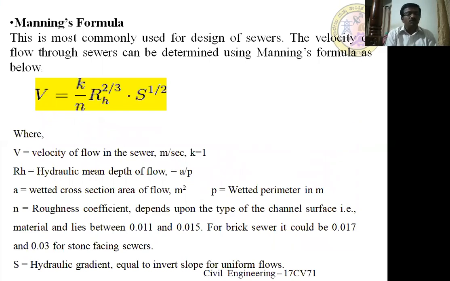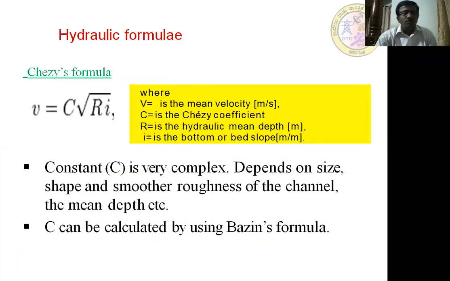Next one is Manning's formula. Manning's formula is also derived from Chezy's equation. Chezy's equation is the basic equation for design of the sewer pipeline, where V equals C into root of R i, where C is Chezy's constant. In Manning's equation, C equals 1 by n into R to the power of 1 by 6, where n is Manning's constant.